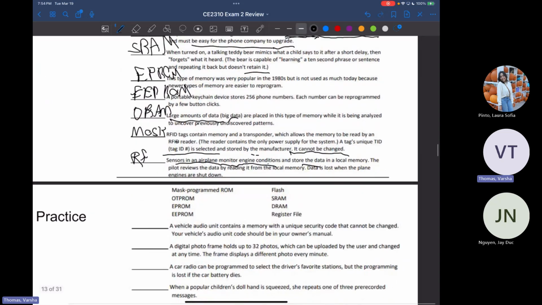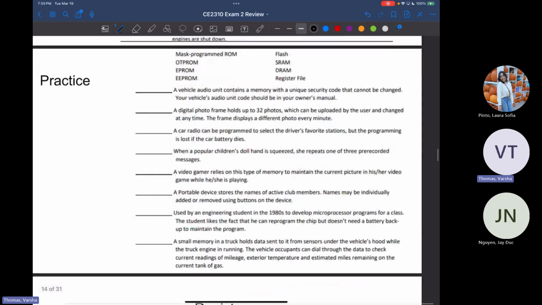So that's the reason. Let me just fix the RFID here. So let's move to the next practice, and let's read it. A vehicle audio unit contains a memory with a unique security code that cannot be changed. Your vehicle audio unit code should be in your owner's manual. So we can see that this vehicle audio unit contains a memory with a unique security code that cannot be changed.